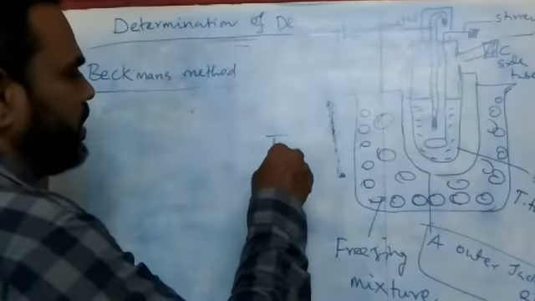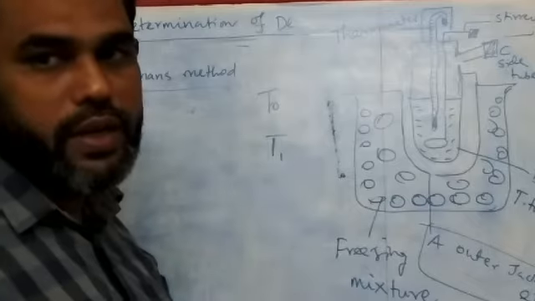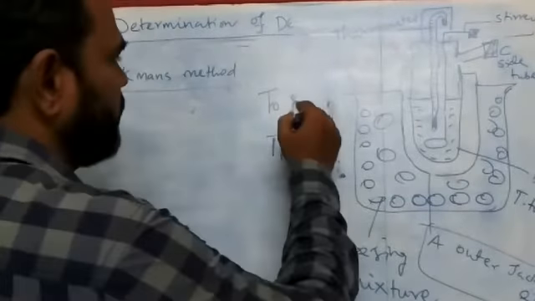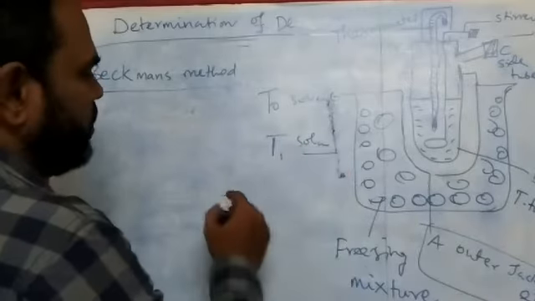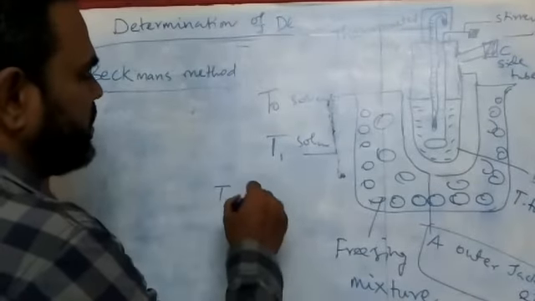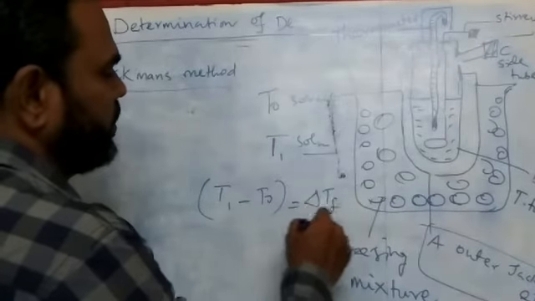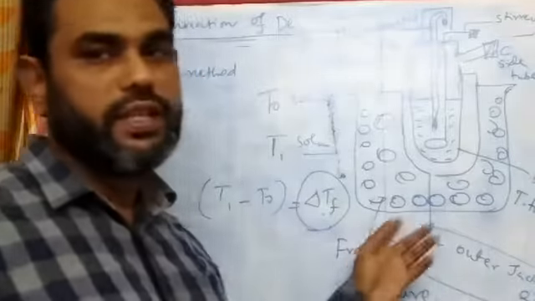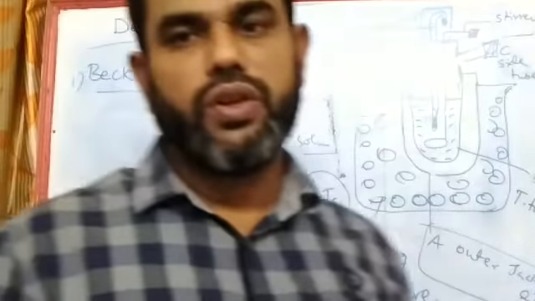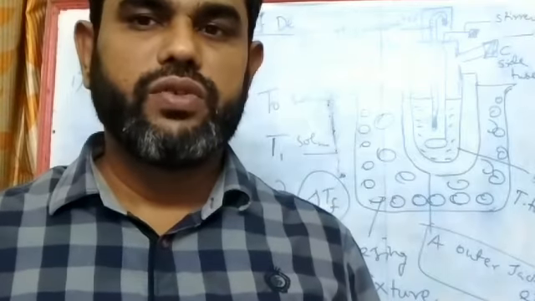That temperature is to be noted as T1. Earlier, the temperature of the pure solvent should be noted as T0. So T0 minus T1 is equal to delta Tf, the depression of freezing point of the particular solute. I hope you have thoroughly understood this procedure.